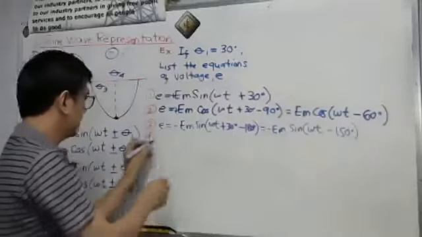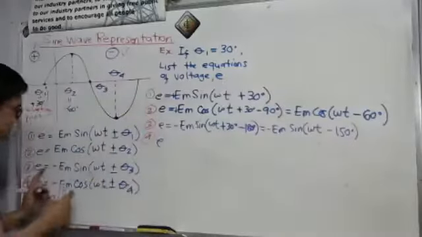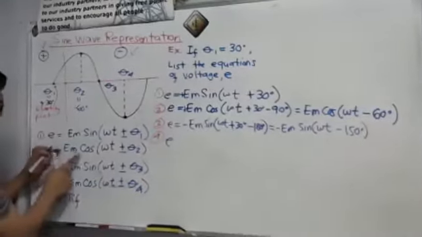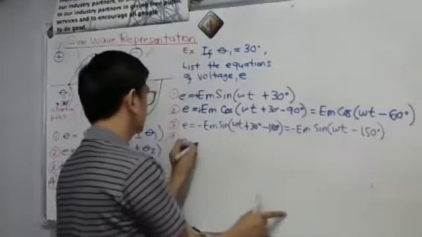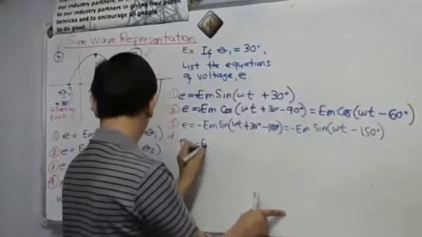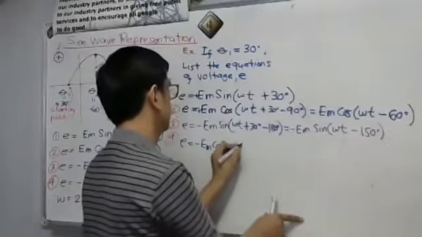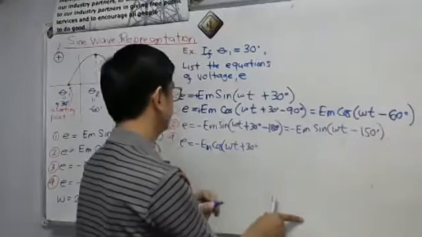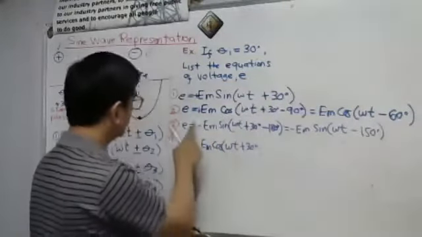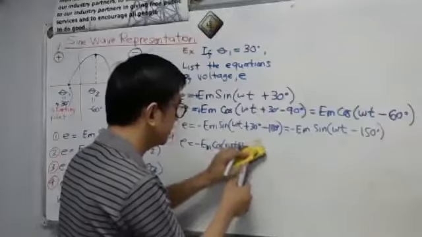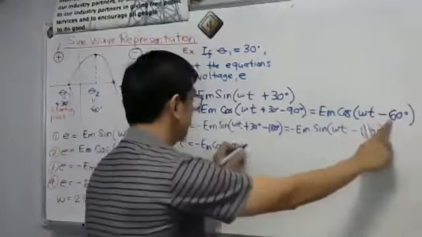What about for negative cosine? From positive cosine to negative cosine, we have negative E sub m cosine omega t. Oh, by the way, for our positive cosine, sorry, it's not 30. Let us correct this. For positive cosine, we have negative 60 here.